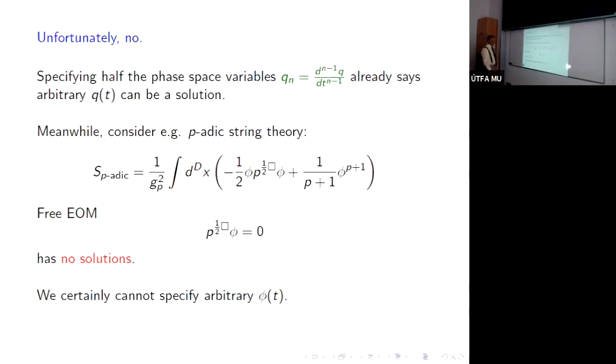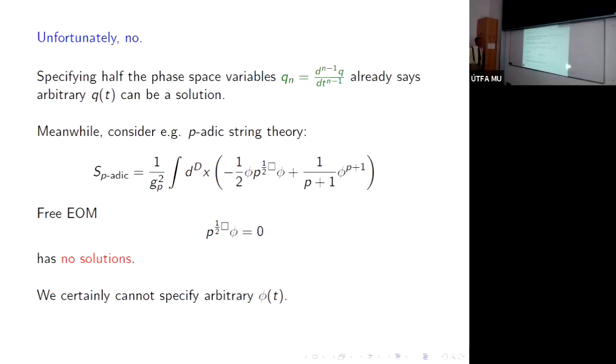And you can actually look in a concrete non-local model. One useful model to think about is p-adic string theory. This is a toy model of string theory, but the important thing for us is that it's given by some scalar field governed by some non-local action, and you can look at the free equations of motion of this action, which is just p to the box on phi equals 0.